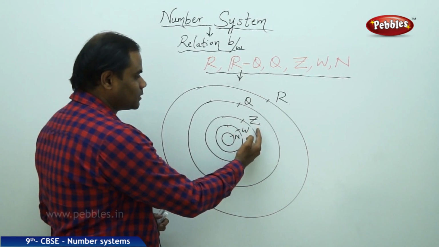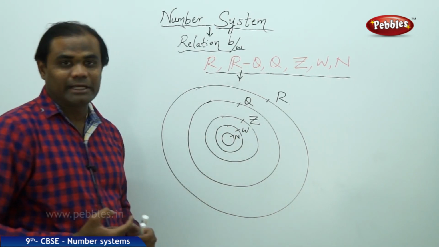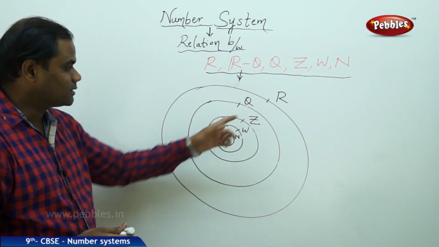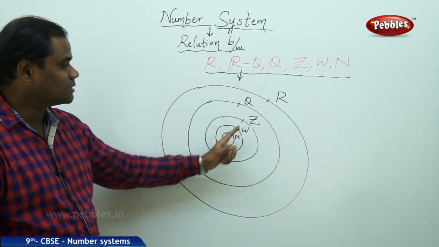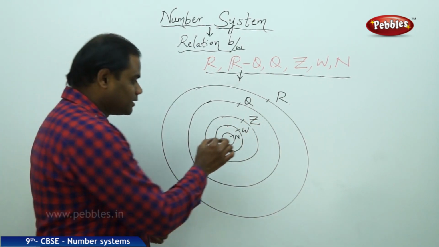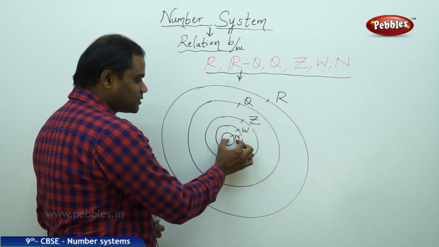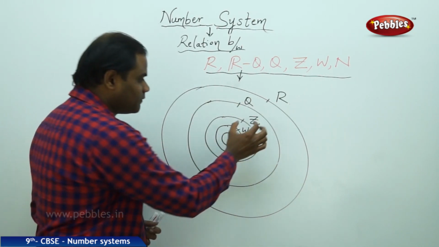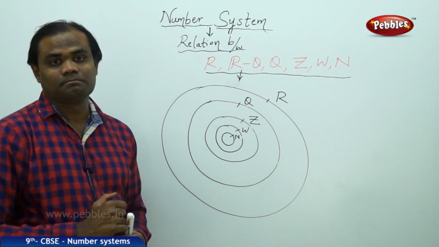every integer is not a natural number, because Z is not inside N, but N is inside Z. So every natural number is an integer, but every integer is not a natural number.